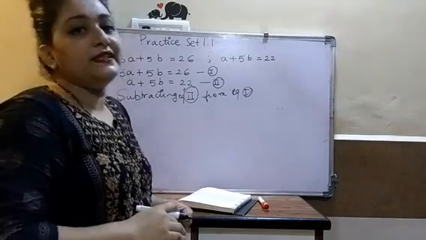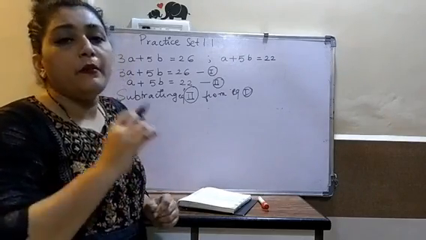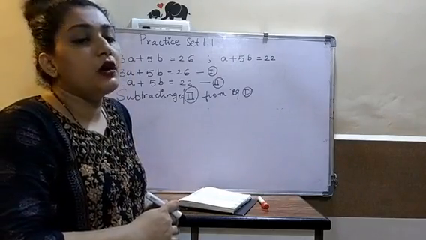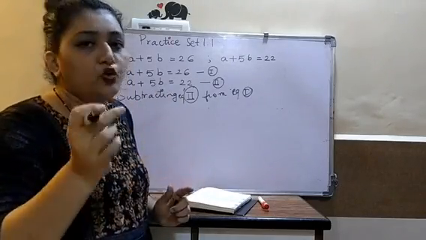Okay, now you will ask why this has been written as from. Always remember, when we do subtraction, you can't write down subtracting equation 1 and 2. Wrong it is.